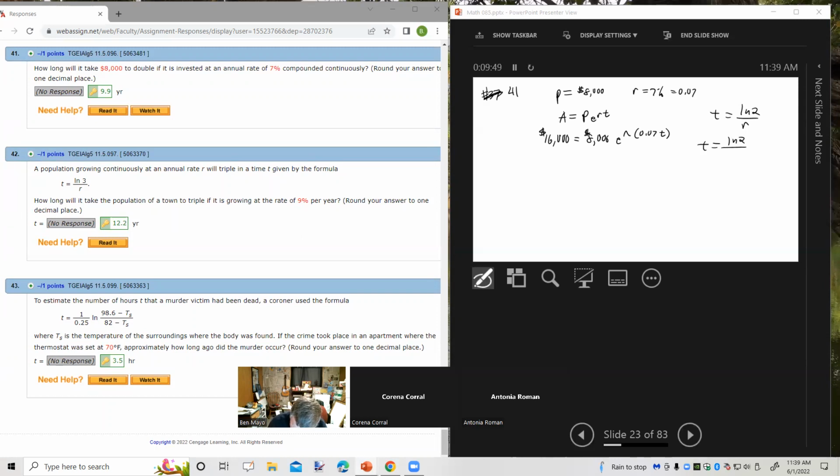The natural log of 2 divided by 0.07. So natural log of 2, close it up, divided by 0.07, and I get 9.902, and it said 1 decimal place, so 9.9 years. Okay?